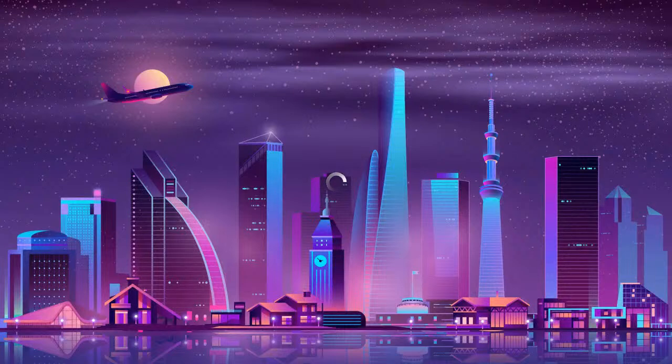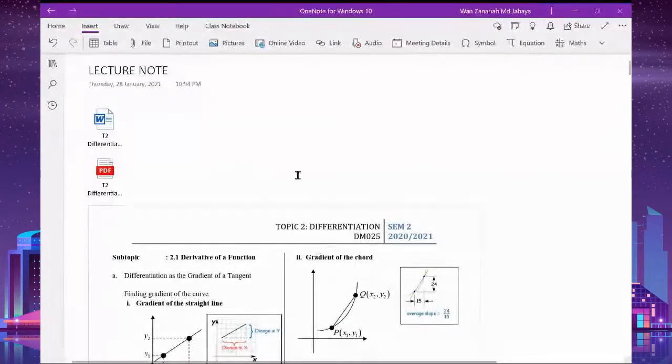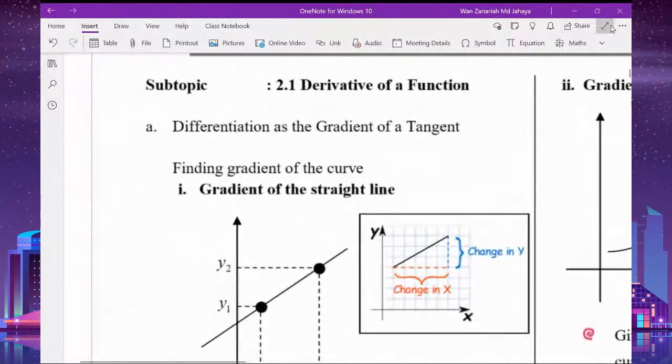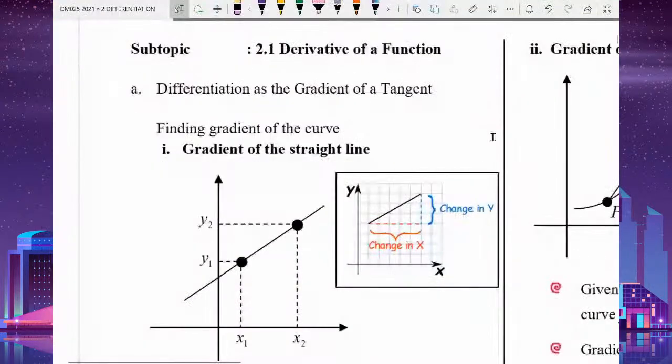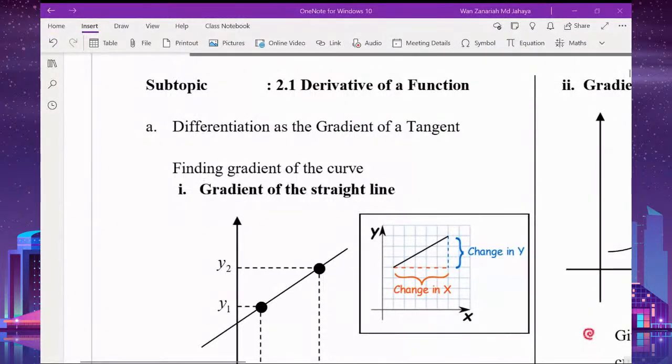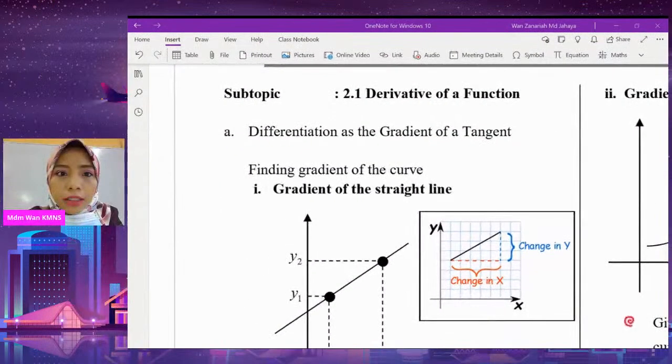OneNote. All right, you can see my screen, right? Okay, there you go.